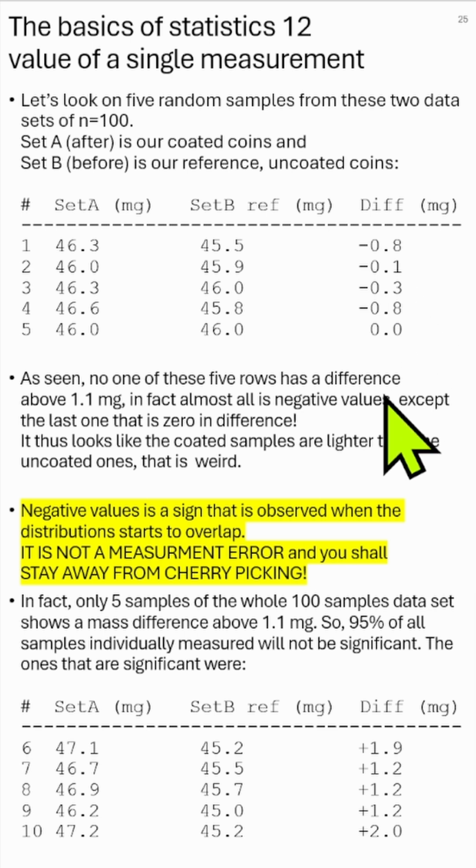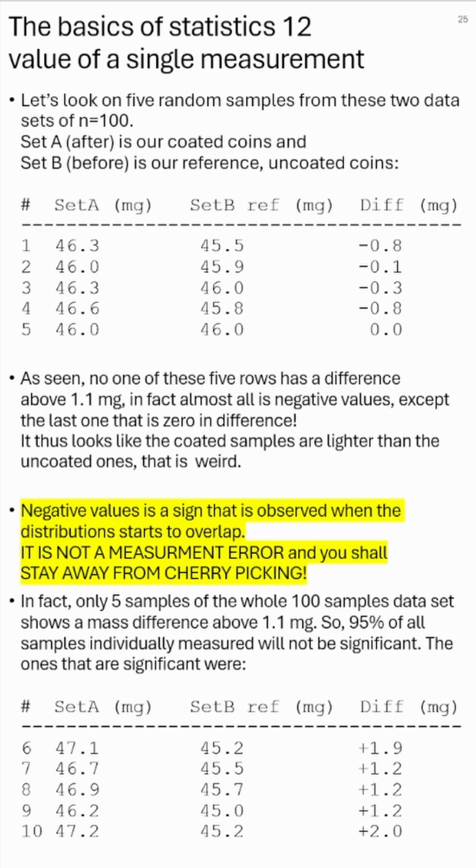And so on. As we see, none of these 5 rows actually has a difference above 1.1 milligram. In fact, almost all are negative values, except the last one, 46.0 milligram coated versus 46.0 milligram uncoated. So that gets just 0 in difference.